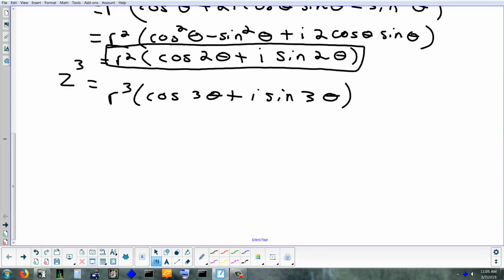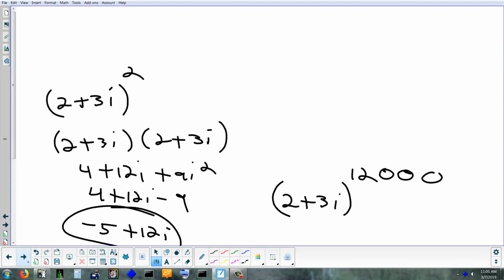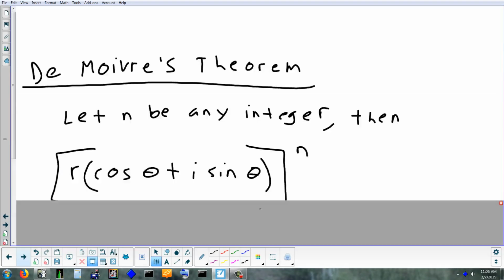If you did it to the 5th power, you get r to the 5th cosine 5 theta plus i sine 5 theta. You can pick any exponent you want. So the pattern is you raise the radius to the power and you multiply the angle by the power. And that is called DeMoivre's theorem.